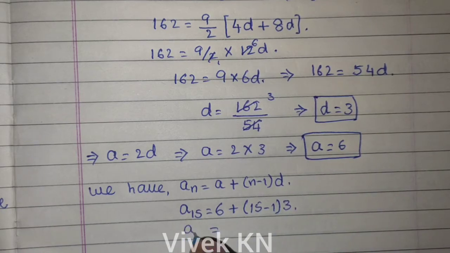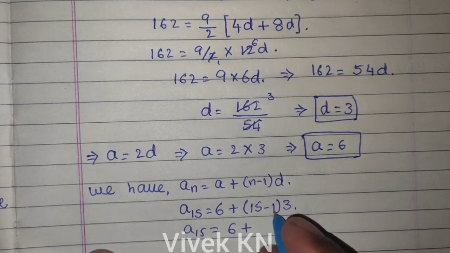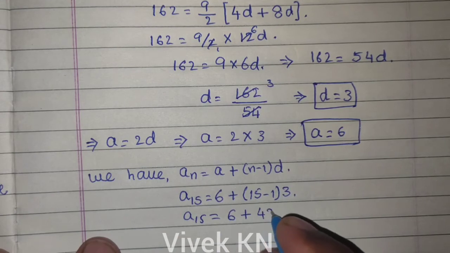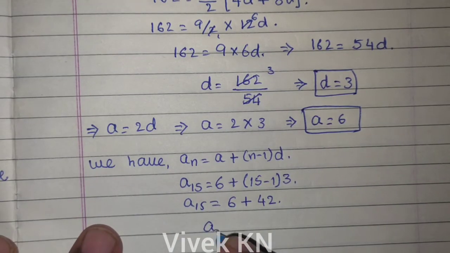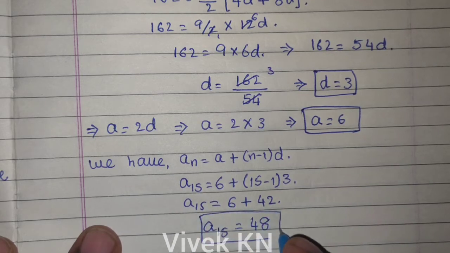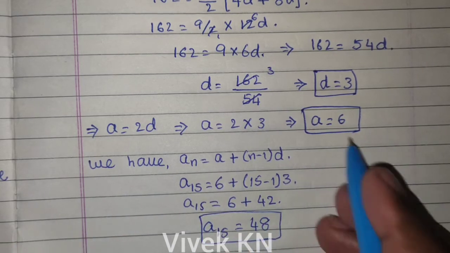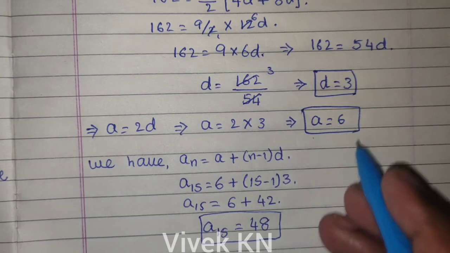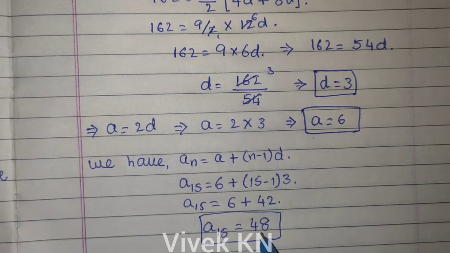That is a15 is equal to 6 plus 15 minus 1 is 14, 14 into 3 is 42. Adding 6 and 42 we get 48. This is the 15th term of the arithmetic progression. The first term a is 6 and the 15th term value is 48. These are the required answers.